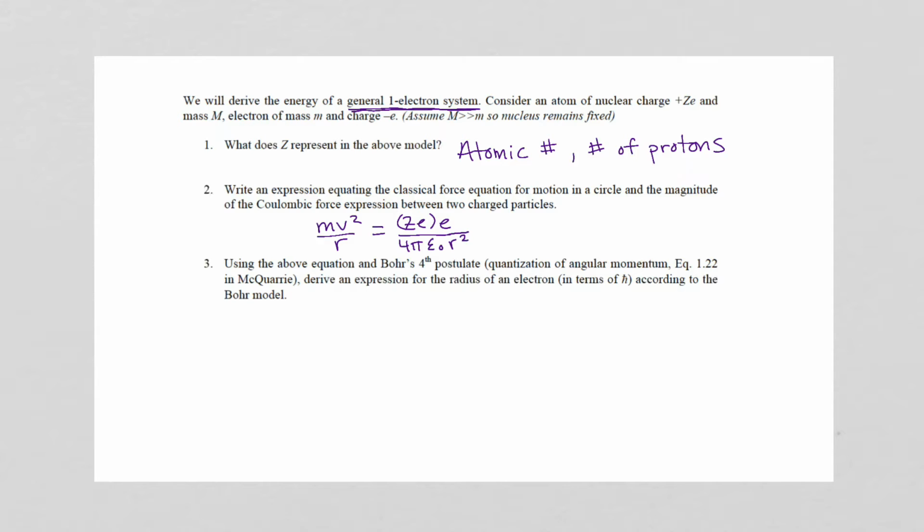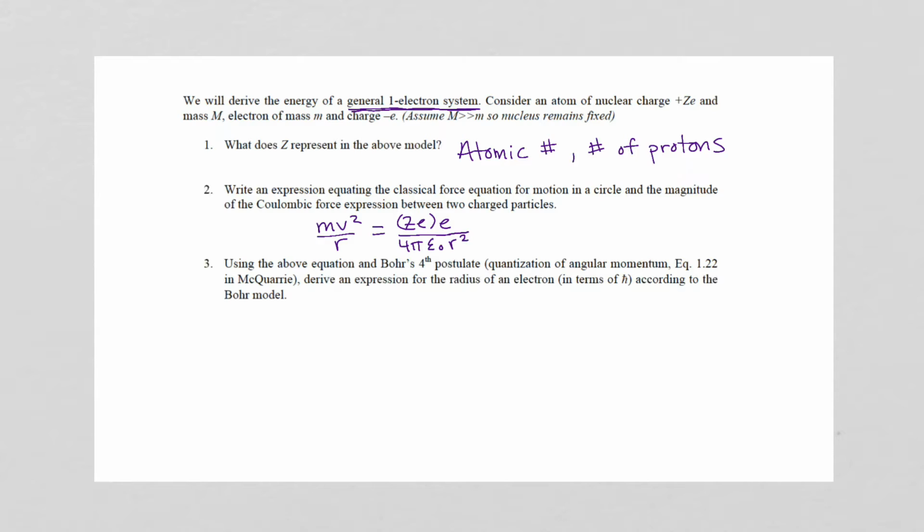Okay, and next question is asking us to use the above equation along with Bohr's 4th postulate, which was the quantization of angular momentum, to derive an expression for the radius of an electron in terms of h bar, according to the Bohr model. Now, you'll see this equation given in terms of h bar. Okay, we just want to be consistent for everyone, so I've specified h bar for this particular exercise. So let's start with our equation from number 2.